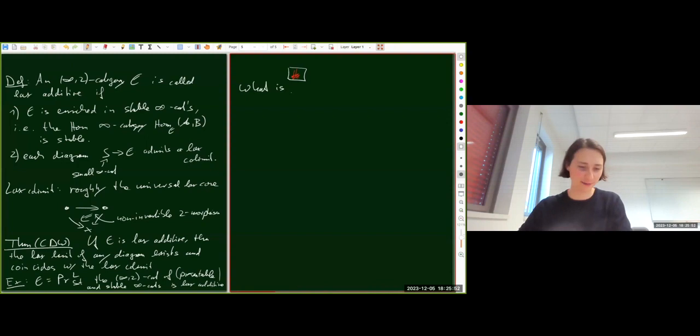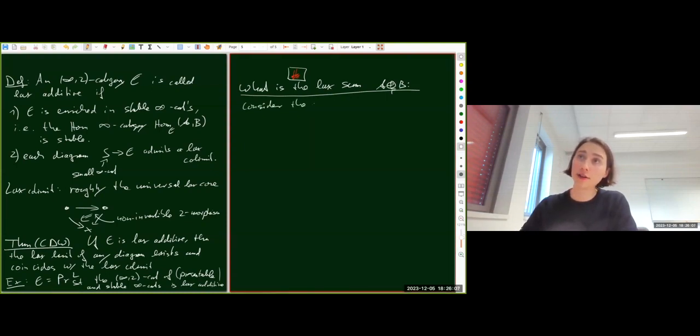What is the lax sum? It's a fairly concrete construction. So we consider the functor f from A to B as a diagram from the category with two objects, 0 and 1.